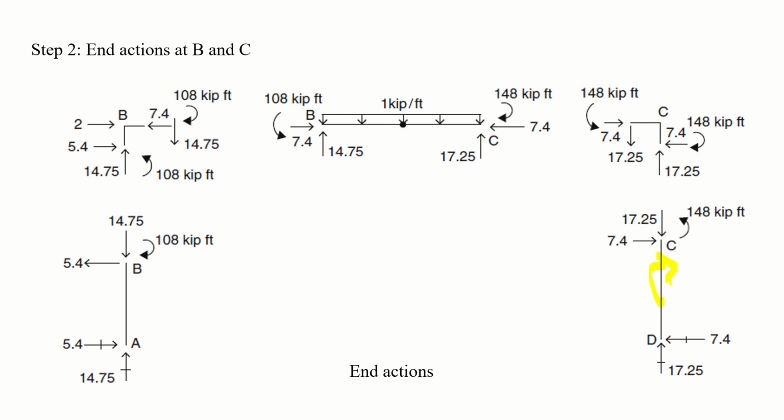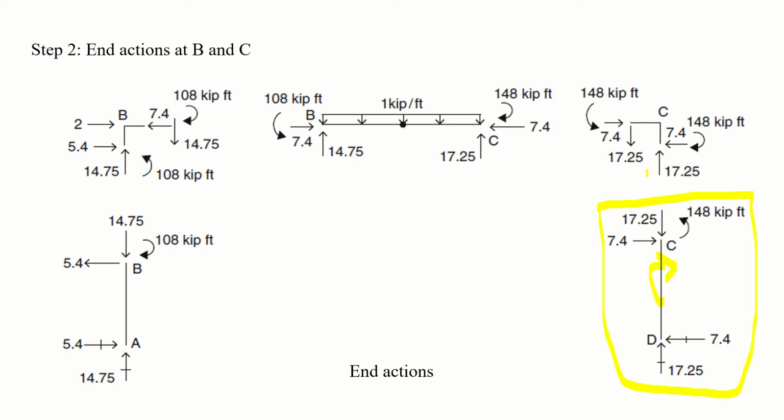And the magnitude, you already know, is equal to this force multiplied by this perpendicular distance, which is 20. So 20 into 7.4 comes out to be 148 kip-feet. Now this whole member is in equilibrium. Let me show you that this member CD is in equilibrium. It is satisfying all the equilibrium conditions.